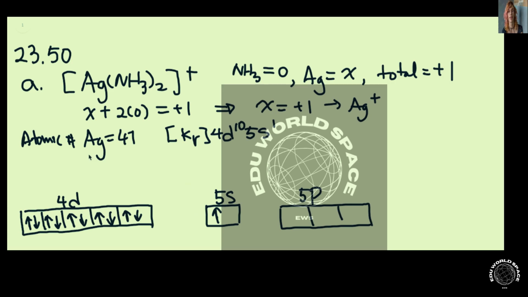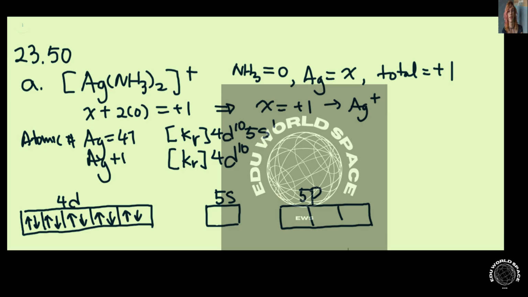However, in the complex, silver has an oxidation state of +1, so it loses its outermost electron and leaves the 5s orbital empty with 4d10, 10 electrons. So this electron has been removed.